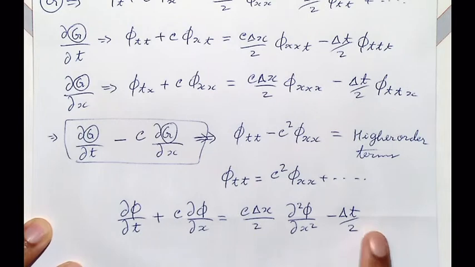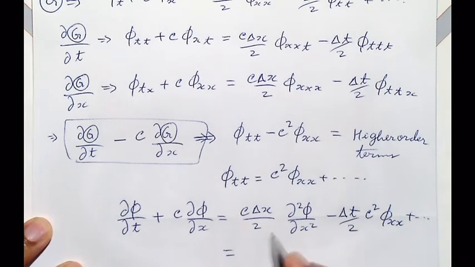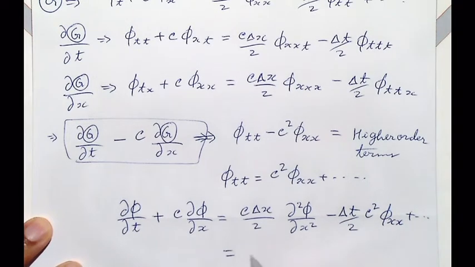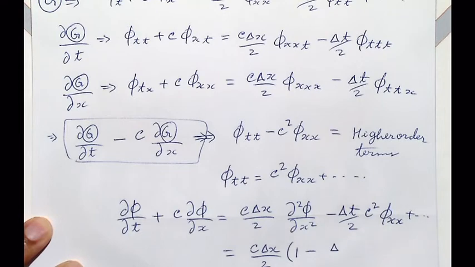Okay, and here we had a phi dt, so we replace that with c squared phi xx, and there's this phi x, and so what we have is c delta x over 2 times 1 minus c delta t over delta x.